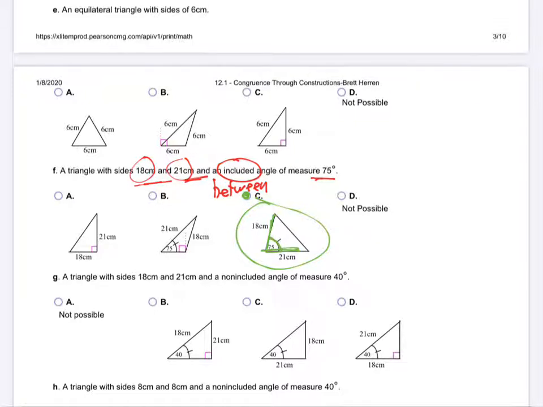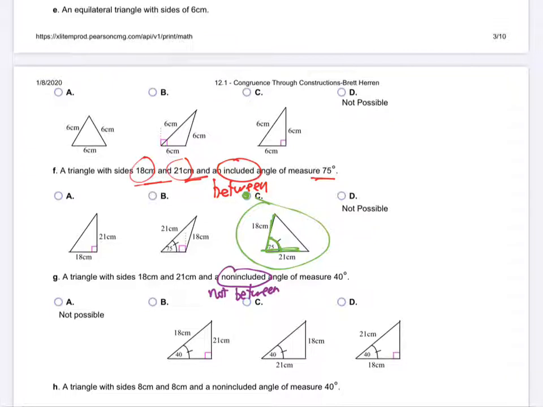G. A triangle with 18, 21, and a non-included 40. So now it says non-included, not between. So which of those has an 18 and a 21 and a 40 not between? Well, a couple of them do, don't they?